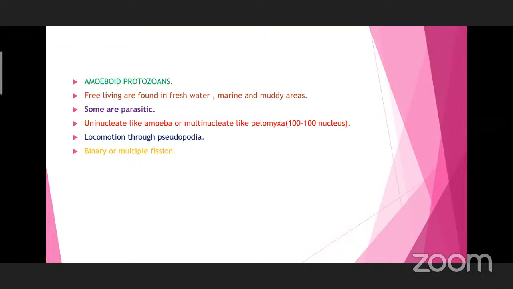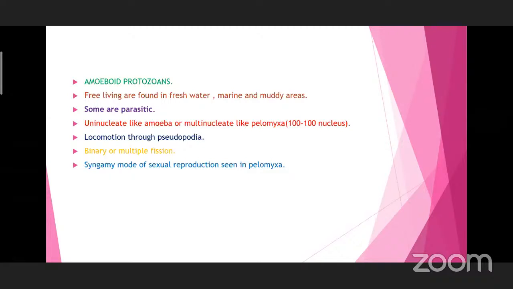Locomotion through pseudopodia, and they will divide by binary fission or multiple fission. Multiple fission means one single amoeba cell is going to break into many pieces. Multiple fissions will take place at one time after making the nuclear division only.